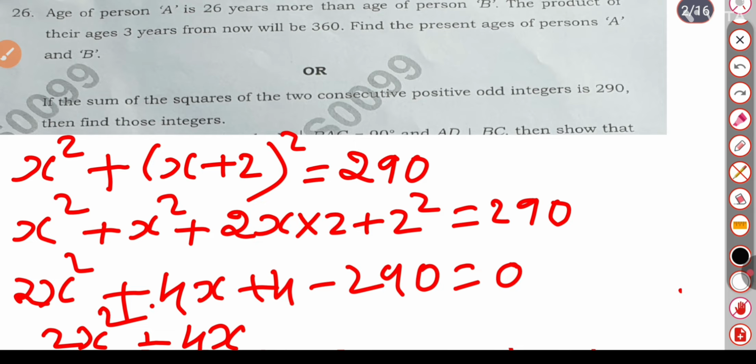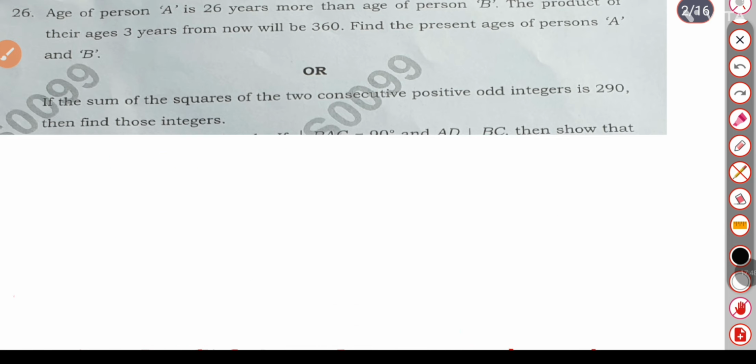here if we subtract, we will get 286 is equal to 0. Again by the factorization method we have to solve this. Before factorization, we will make it a simpler equation.